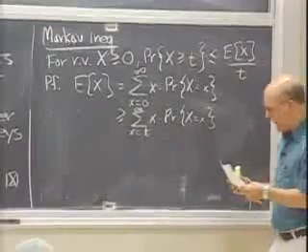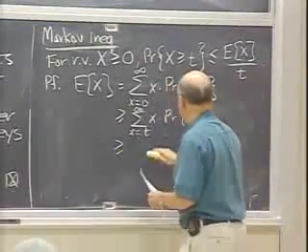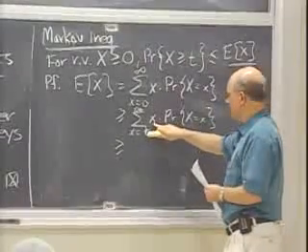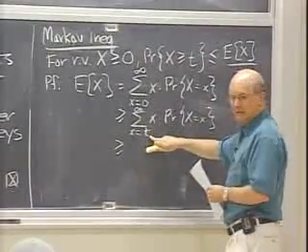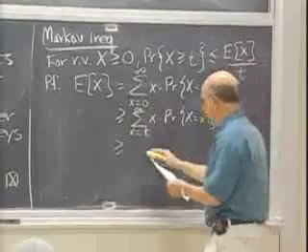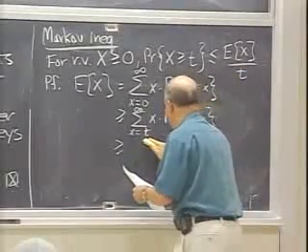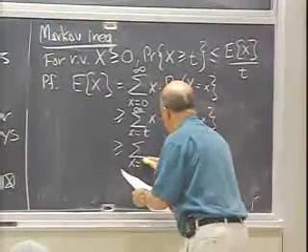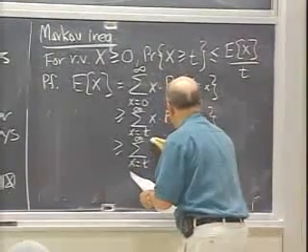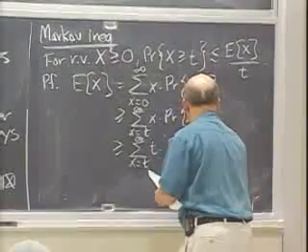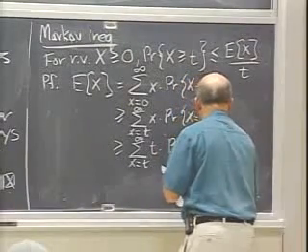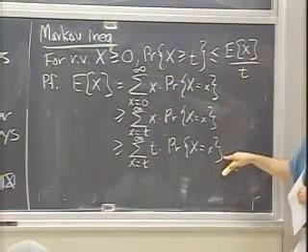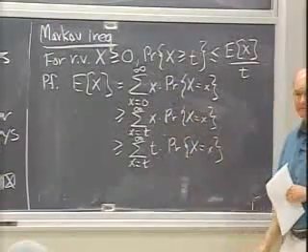Now I replace every one of these terms with the lower bound, the value x equals t. So that's the summation from x equals t to infinity of t times the probability that x equals little x, because these are only bigger values.